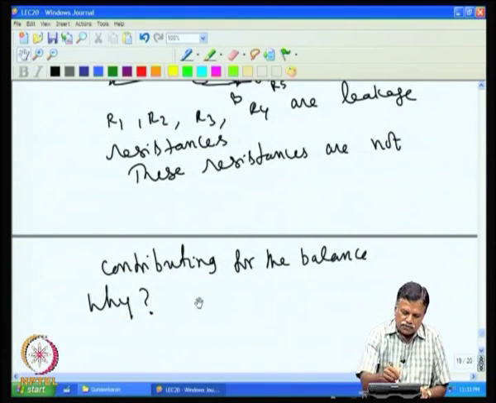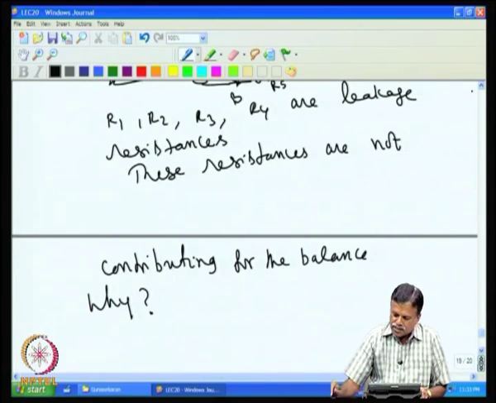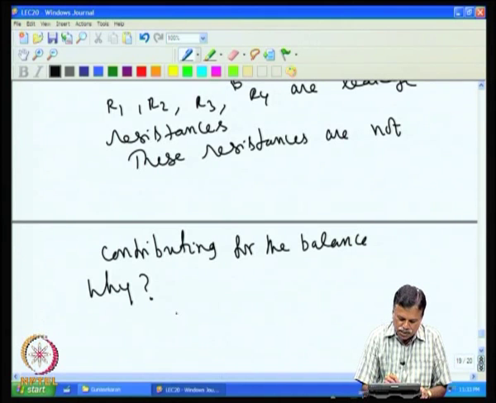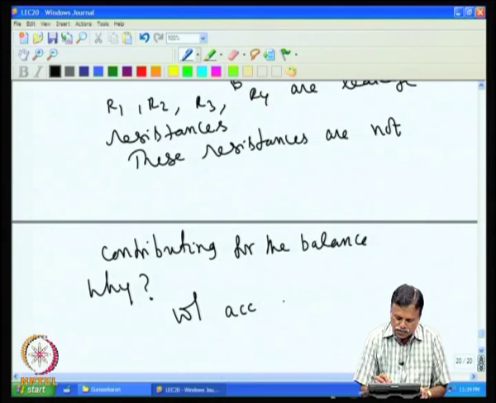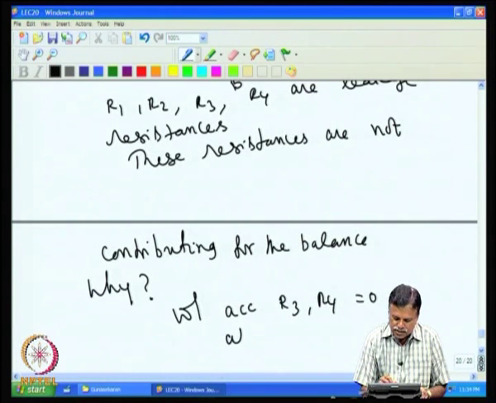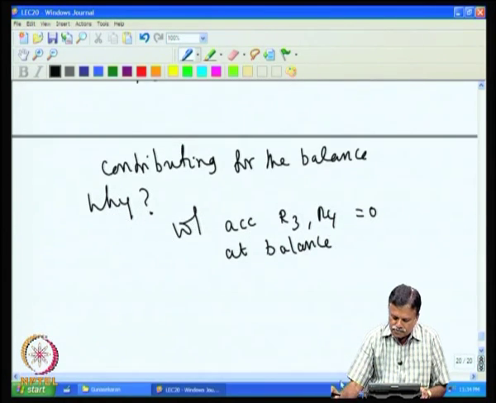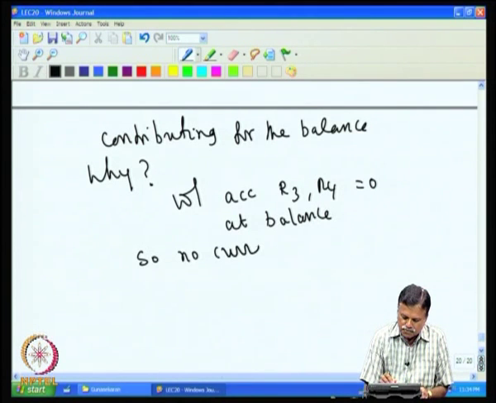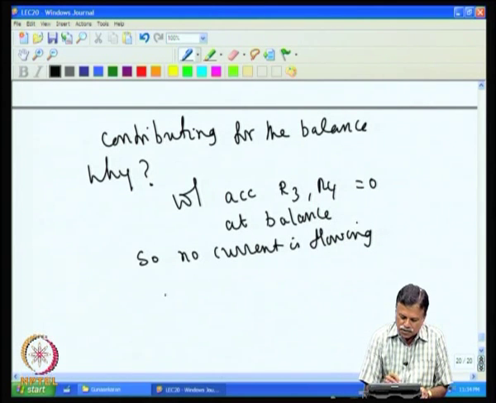Why? Because if you look at it, the voltage across R3, R4 is equal to 0 at balance. So, no current is flowing through R3, R4 at balance.